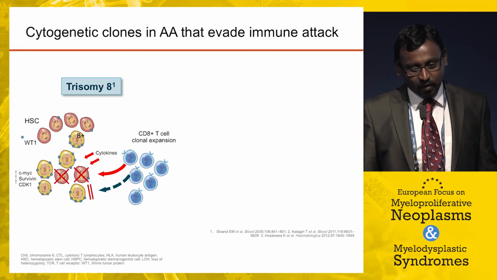Just to give you a backdrop, this is elegant work done by Elaine Slern showing that trisomy 8 is a significantly immune escape clone, due to upregulation of WT1 and other pro-survival signals on the surface of the trisomy 8 cells, which leads to expansion of the trisomy 8 clone.